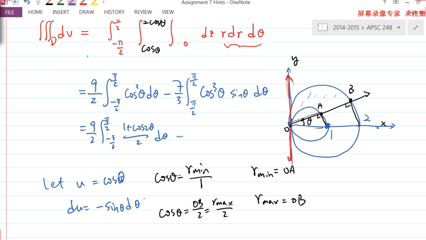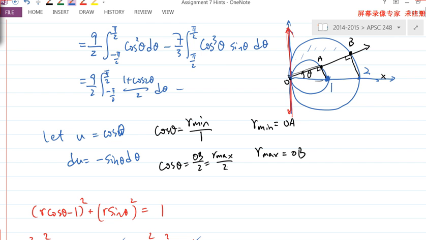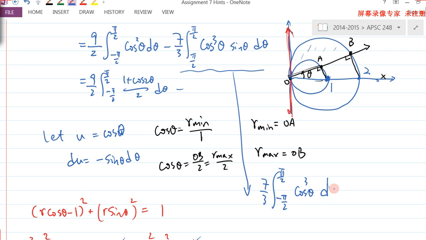But I probably demonstrated what I generally do for this one here. So 7 over 3, from negative pi over 2 to pi over 2, cosine theta cubed, I'm going to leave as it is. Now for this sine theta d theta, I'll do this: it is a d of cosine theta.